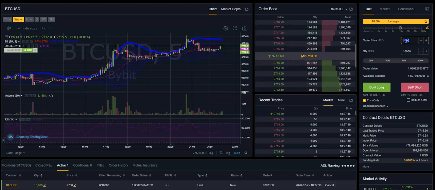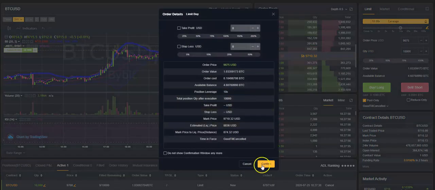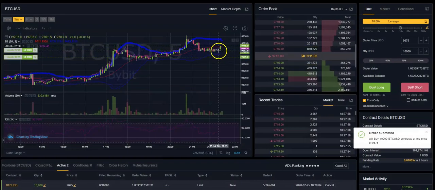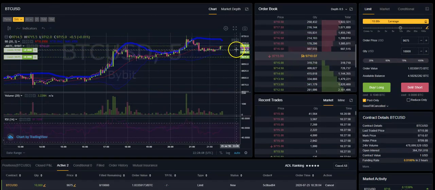So let's say, for example, the price were to keep going down, and it kept going down until the next micro support, around 9,675. It could fill right here, and what would happen is you would get a dollar cost average of your position.